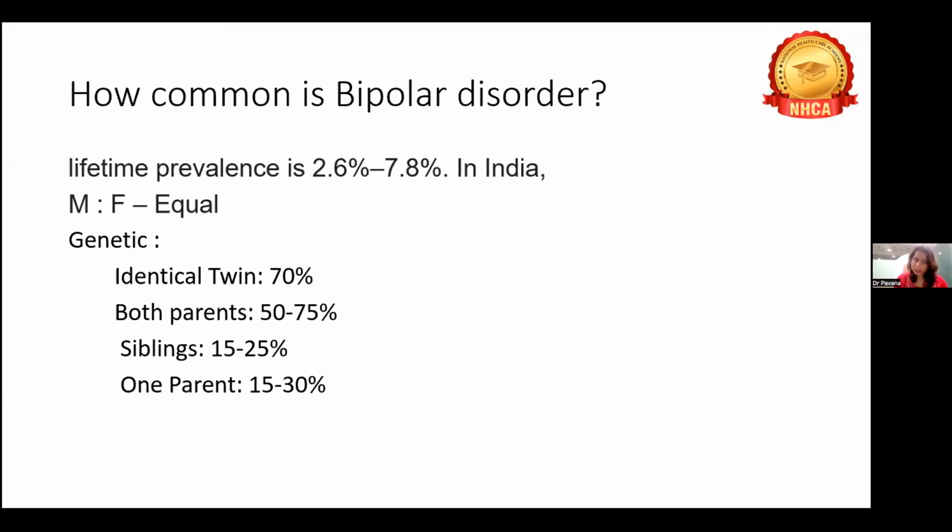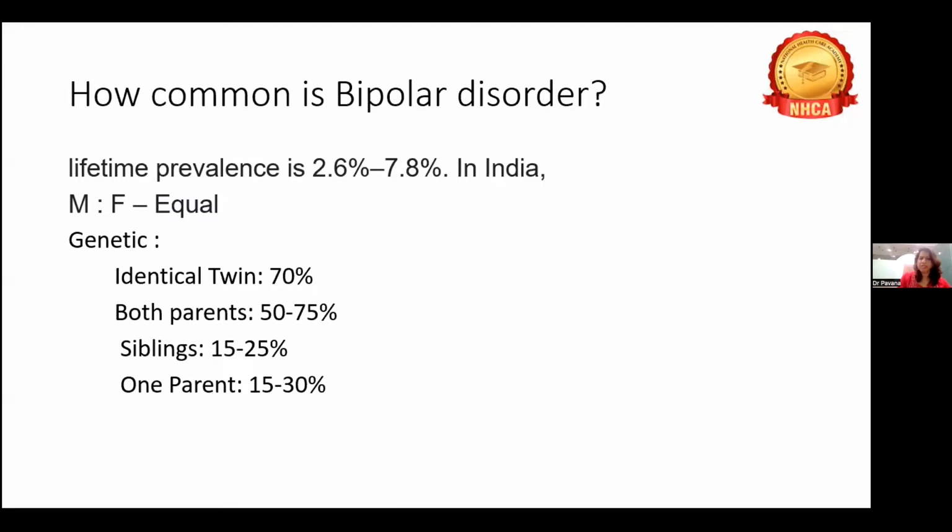When we are talking about bipolar, the diagnosis can be made, or it can be said that the person is bipolar, if he is having an elation of the mood and also depression of the mood. Both have to be present, and then we call it bipolar. But a few clients you might have seen have only depressive episodes. That we call unipolar depression.